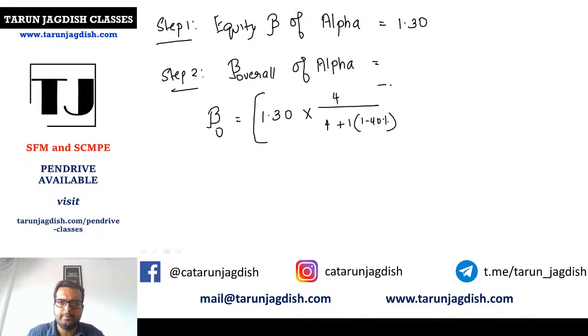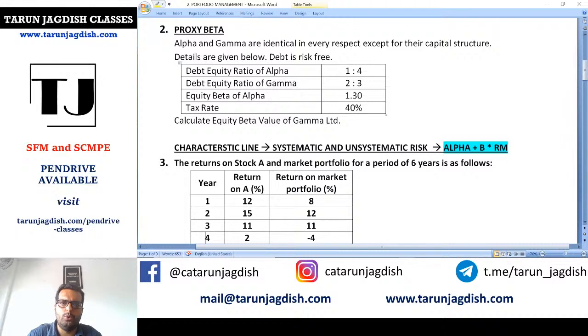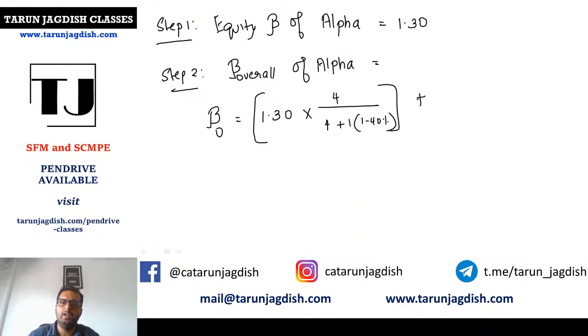Plus they have told debt is risk free. So when debt is risk free means what? Beta will be 0. I'll put 0, rest of the things I don't have to do. So my answer would be 1.3 into 4 divided by 4.6. I will get the answer as 1.13.